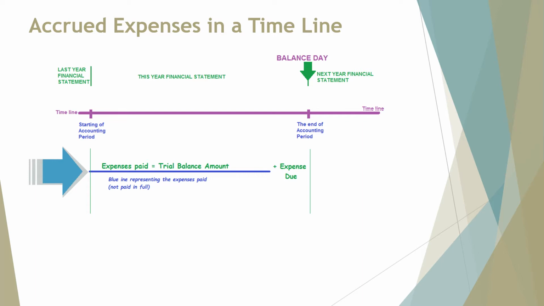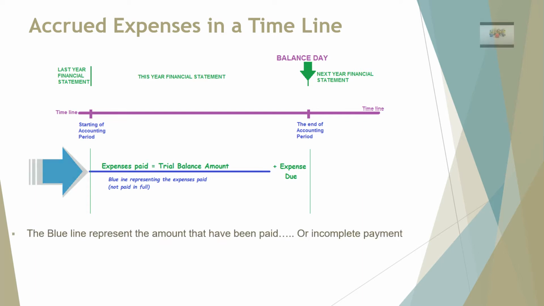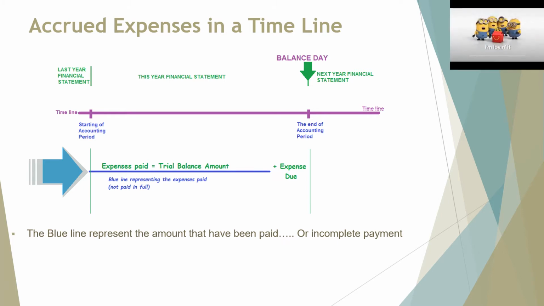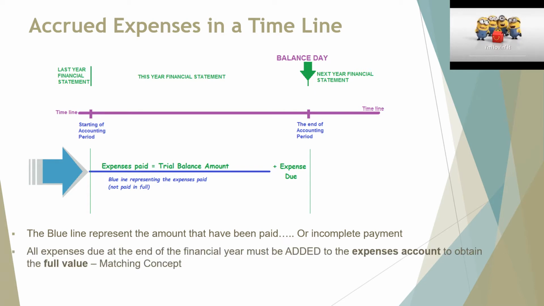We have to add that onto the amount paid in order to get the full amount that we need for the whole accounting period. The blue line represents the amount that has been paid, an incomplete payment, and all expenses due at the end of the financial year must be added to the expenses account to obtain the full expenses value.